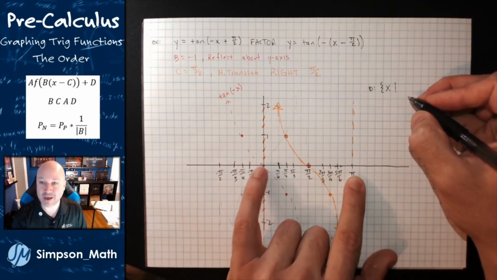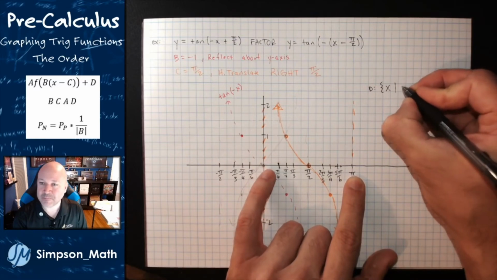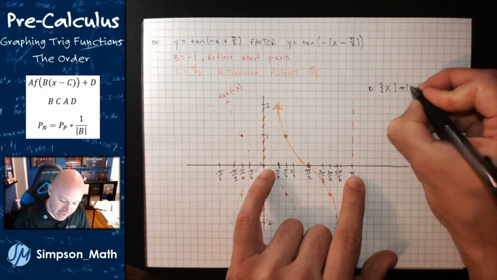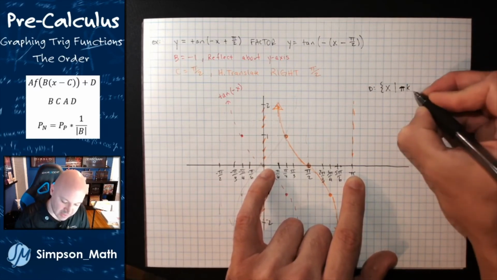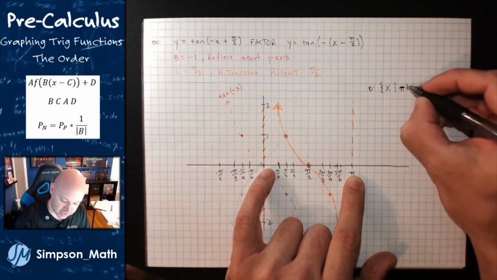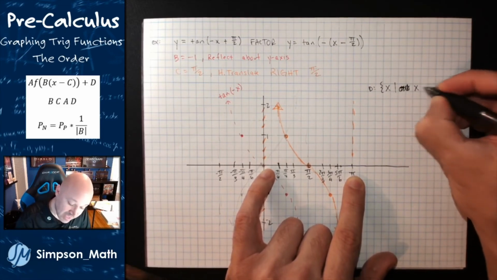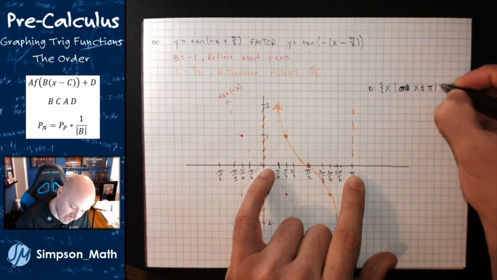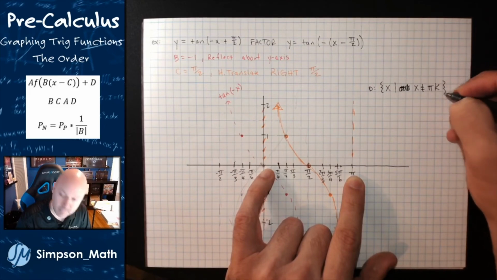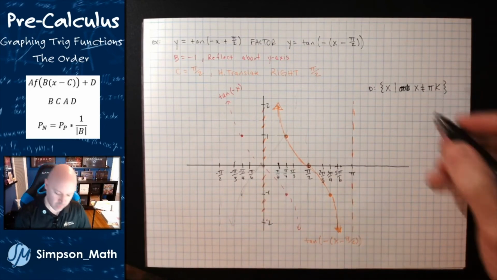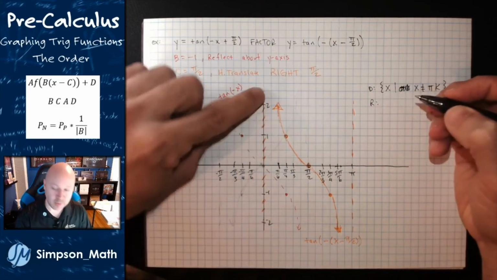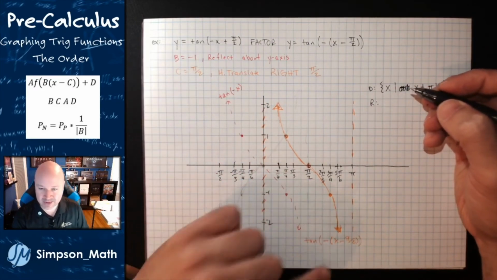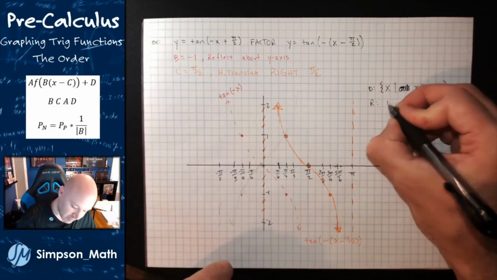So because 0 is bad, we can actually do this. We can say every pi k is a problem. Actually, I'm going to say x cannot be those. X cannot be pi k. Range, I've got no problem. All the way up, all the way down. Actually, least to greatest, all real numbers.